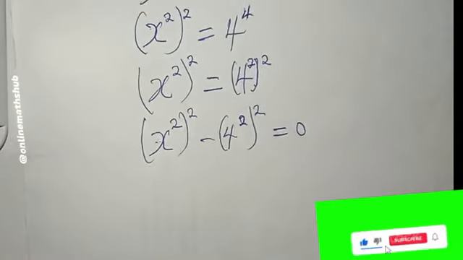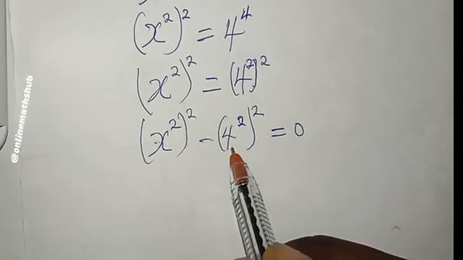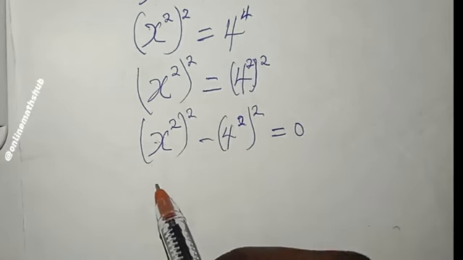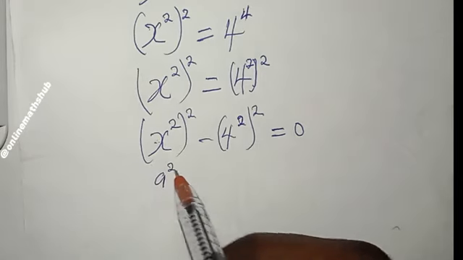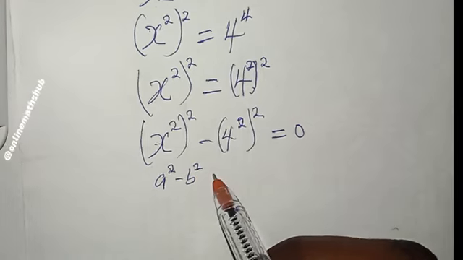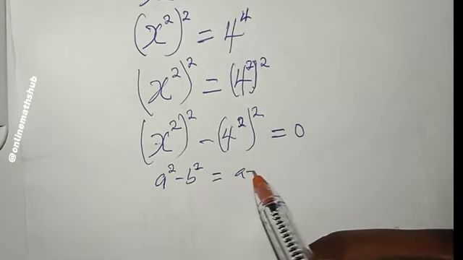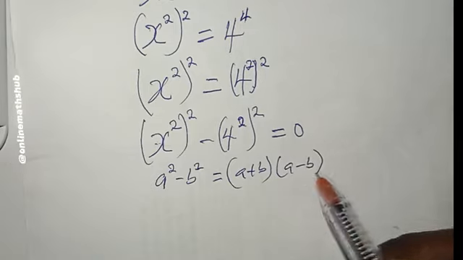So clearly here you can see that we have a difference of two squares. Remember that if you have a squared minus b squared, you can expand this to be a plus b, multiplied by a minus b.